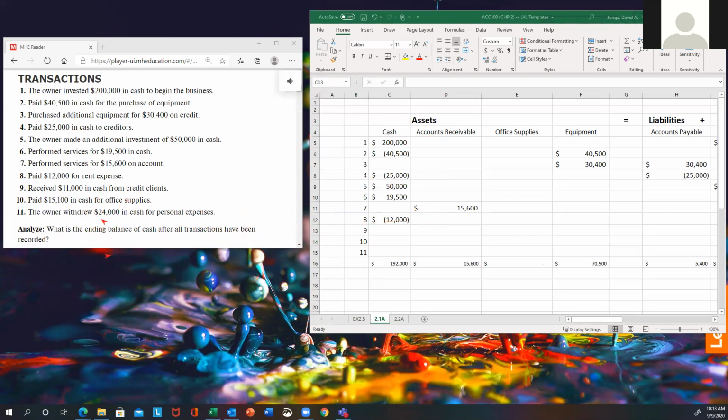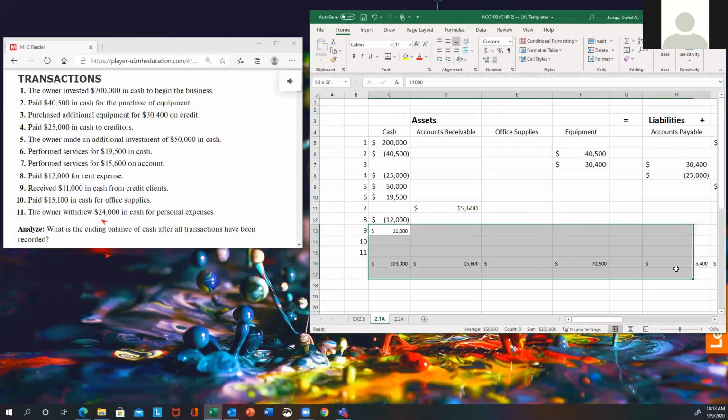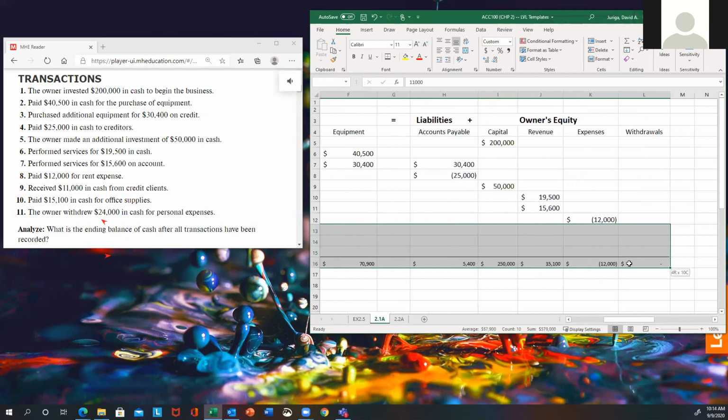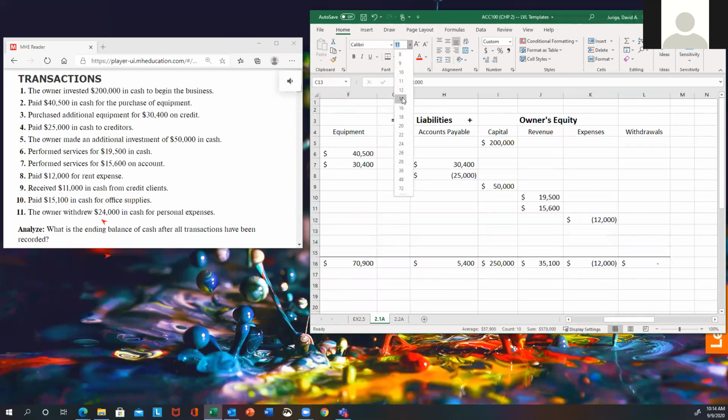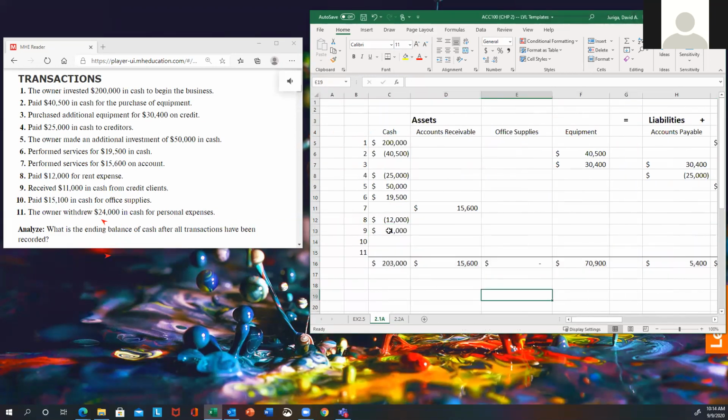So what we'll do here on 9, I'll put 11,000 cash, and then I'm going to say minus 11,000 accounts receivable.